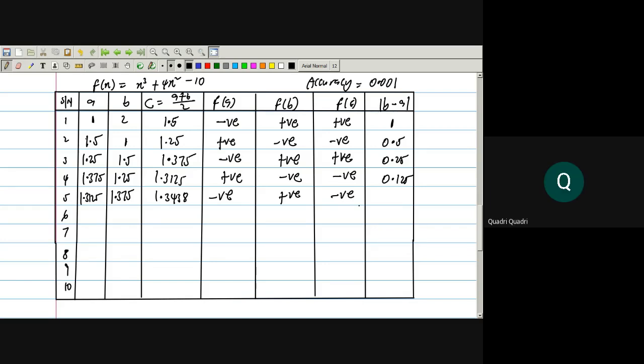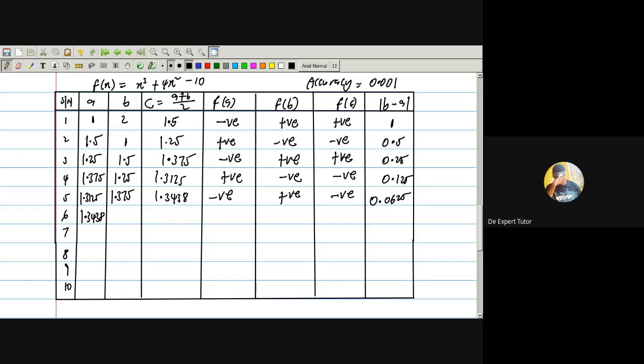And this one gives me 1.375 minus 1.3125. What do we have? 0.0625. At the end of this problem, everything will now be so clear. Next, what do we have? This one is negative.